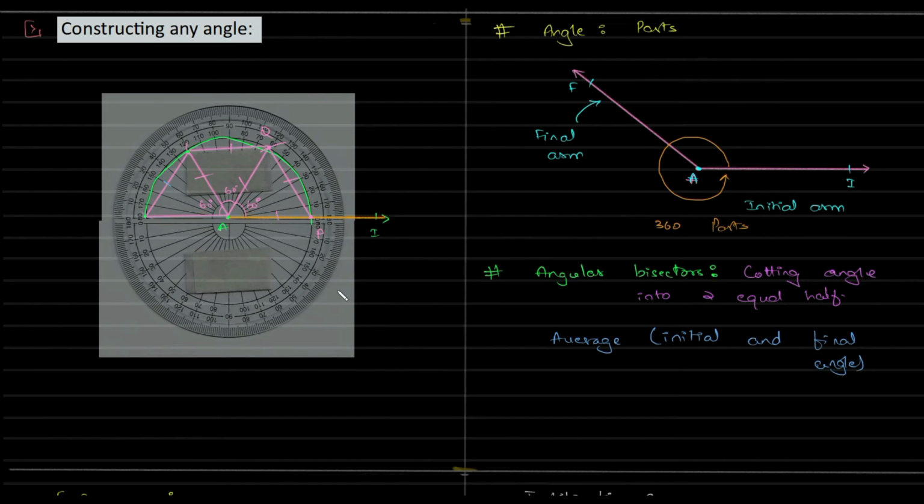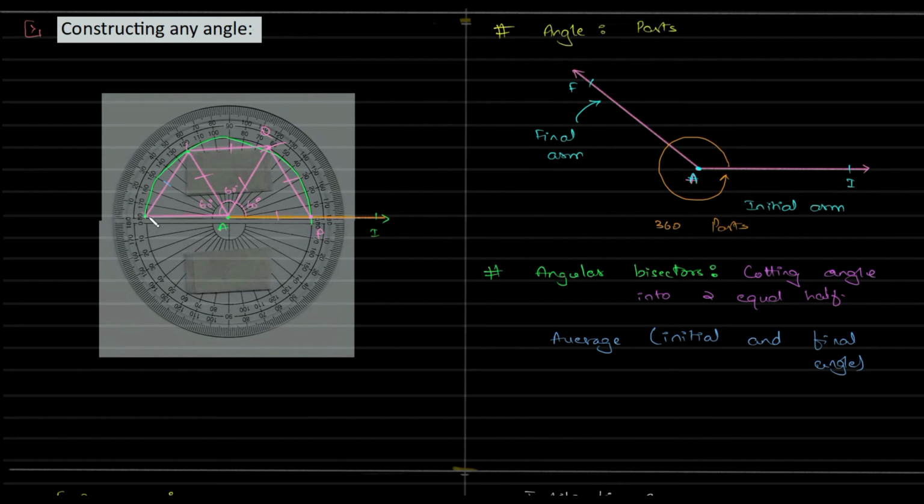Okay, so how is that we are going to do this practically? First we have an initial arm, then we draw an arc. From the point of intersection of the line and the arc, you cut one arc, one more arc, and one more arc. Depending on what you guys want, we'll do so.